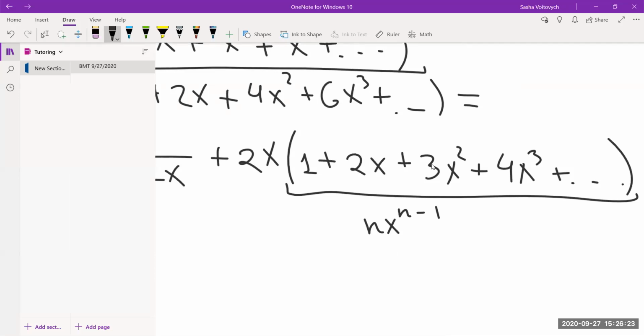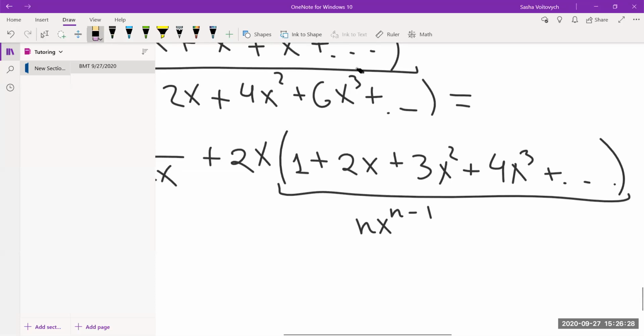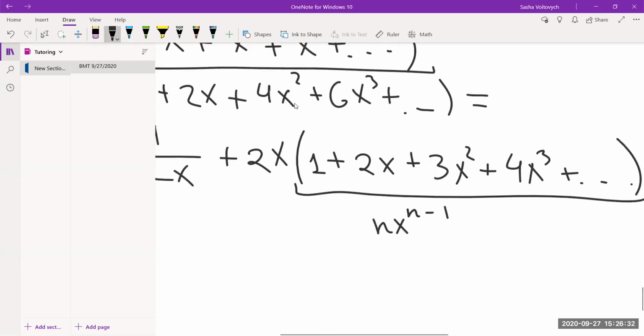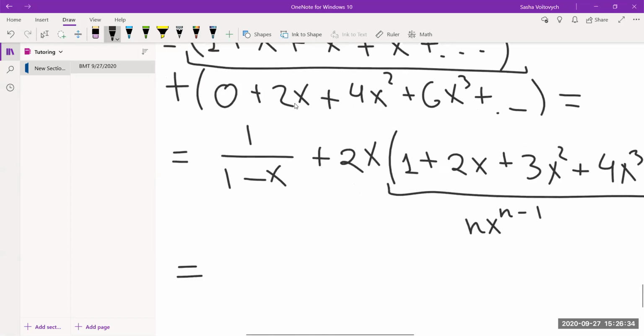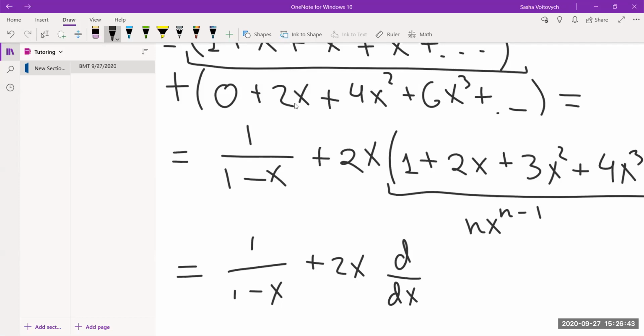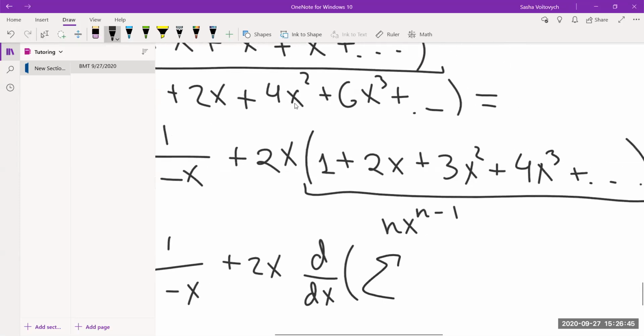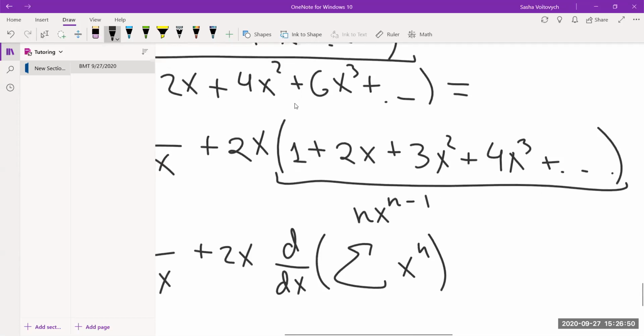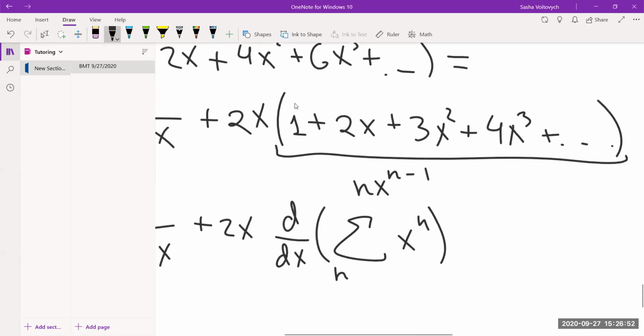This is a trick that is often used to figure out what the value of a generating function at some point is. So this is just d over dx of the sum of x to the n, where n goes from 0 to infinity.